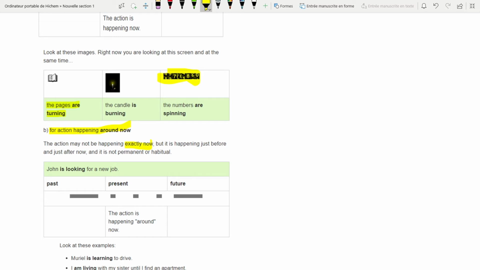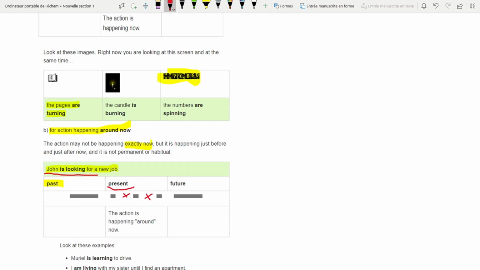So for instance, if you take John is looking for a new job, okay? We know that John started looking for a new job in the past, right? Maybe John is looking for a new job at the moment we said this sentence, and maybe not. This is why you see the empty place here, right?